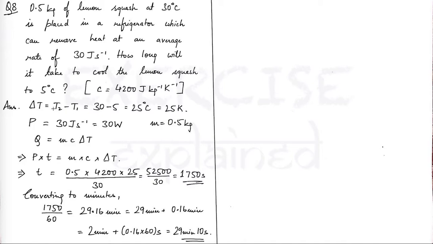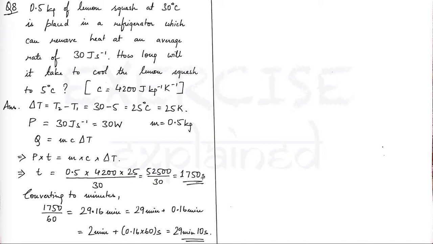Delta T we just found to be 25 Kelvin, so I wrote 25 divided by P. P is given in the question as 30 joules per second, which is 30 watts, so divided by 30. When I multiply all these three, I get 52,500 divided by 30, which gives me 1750 seconds.